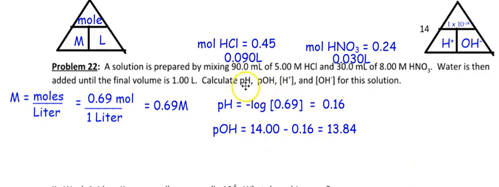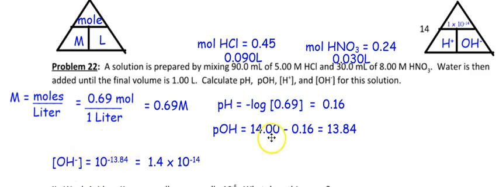And so I have now calculated pH, I've calculated pOH, and I've already calculated H plus, so I need hydroxide. I can do this one of two ways. OH is equal to 10 to the negative pOH, right? So I have my pOH, so 10 to the negative pOH, and I get 1.4 times 10 to the negative 14.